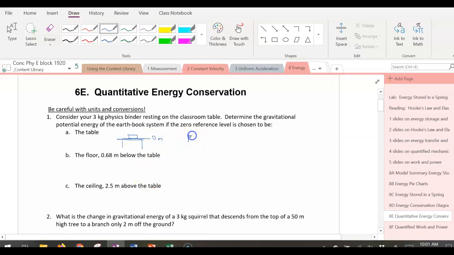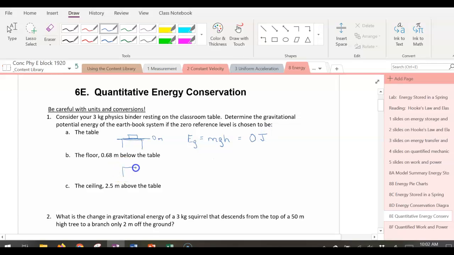So therefore the gravitational potential energy of this binder is going to be its weight, which is its mass times 9.8, times the height, but here the height is 0 meters because it's on the table and the table is our zero reference point. Therefore here we would say that the gravitational potential energy is 0 joules.